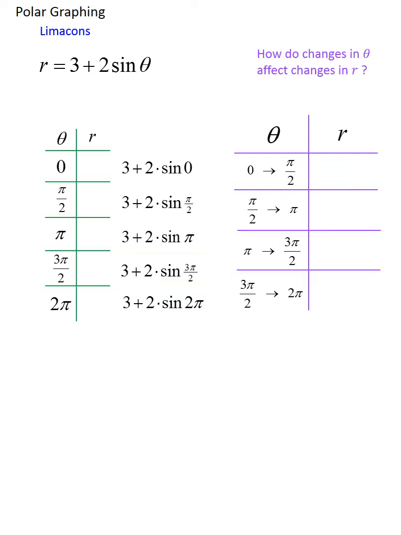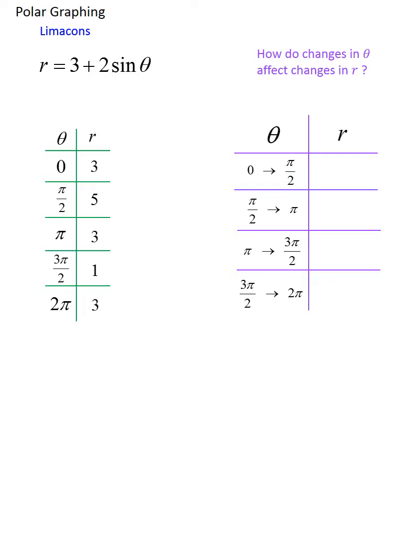So if I do all 5 of these problems that way, I'll eventually get these answers. And the algebra is not shown here, and I don't want to focus on that now. But it's something that you could easily do. Now, what have I found? Back to my question on the right side of your screen, how do changes in theta affect r?